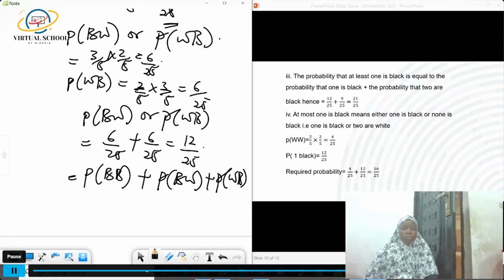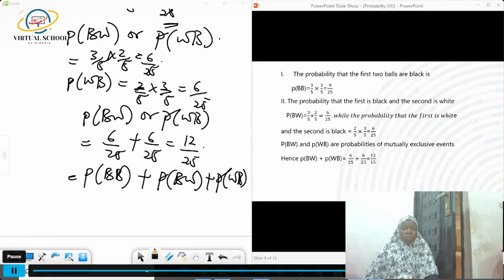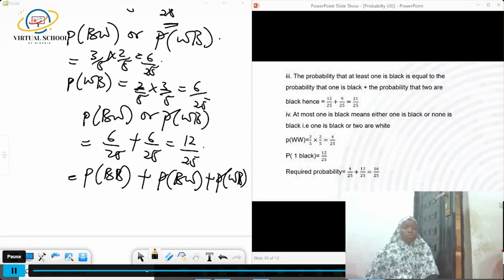Now, we have solved the probability of picking black, and it gives me 9/25. Now, we have the one of picking either black-white or white-black, which we already have here, which is 12/25.